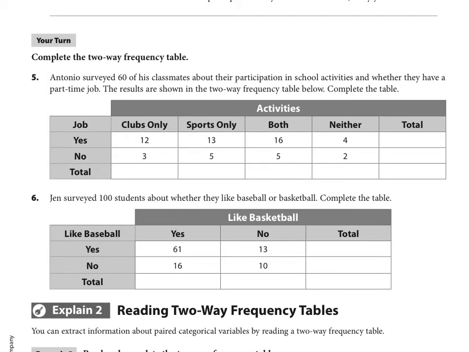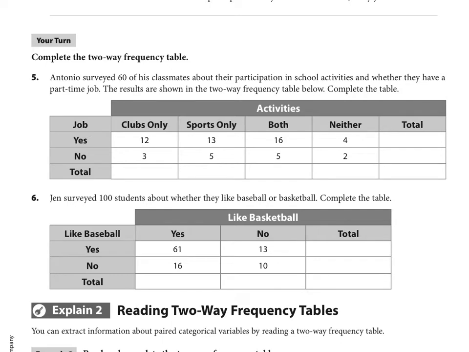If I ask you how many students have a job and they participate in both types of school activities, that would be the 16 students right here. Be able to answer those types of questions.